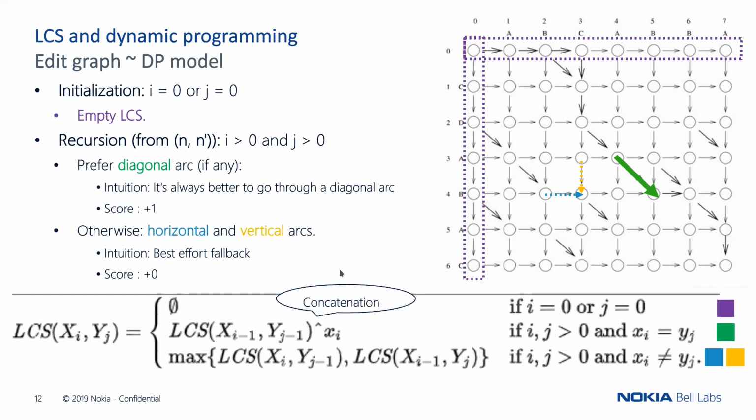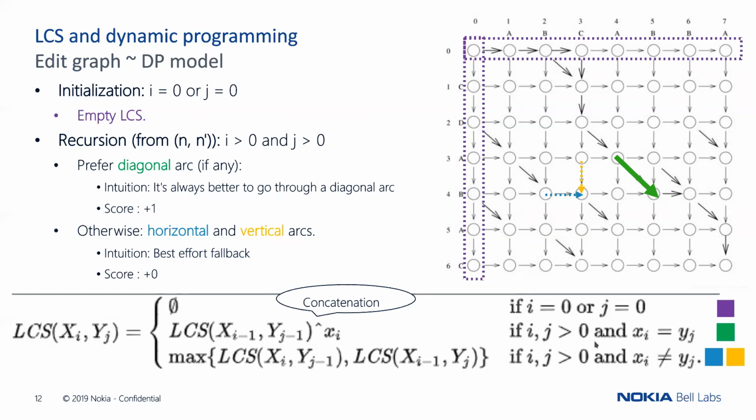Then you have the diagonal edges, which correspond to matching characters. So these are the green arcs and the green equation here. So you just say that the LCS is the previous cost of the LCS. Here, I don't know why Wikipedia uses a hat, but you could imagine that this is just +1.